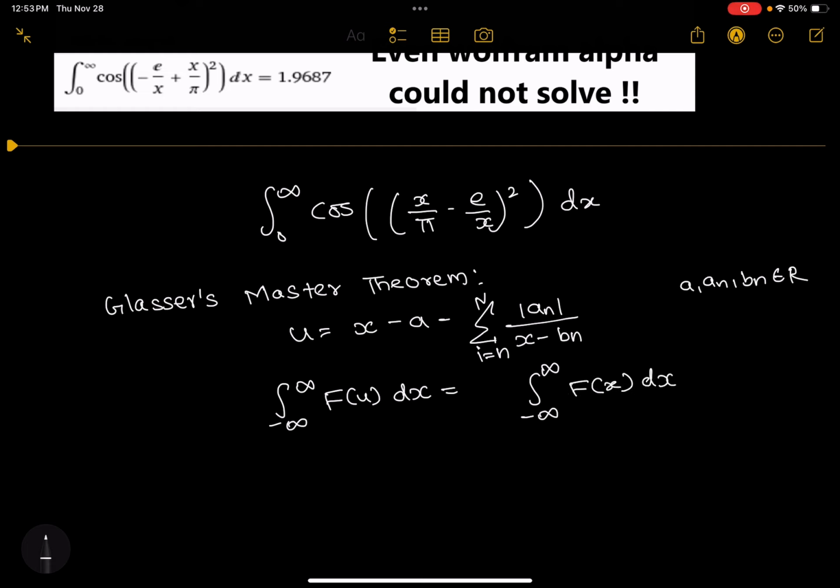If I ever have such an expression, x minus a minus a sum, you can just take i from 1 to 2. If you just have two rational fractions as u, some positive number divided by x minus b_n, then that will just be equal. And most of the time people write a principal value over here.